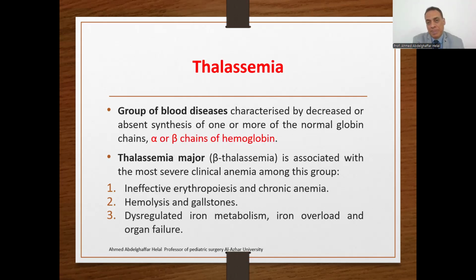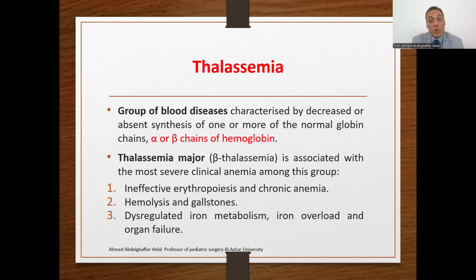Thalassemia. So we spoke about hereditary spherocytosis, ITP, and sickle cell disease, and now we'll speak about thalassemia. What is thalassemia? It's a blood disease characterized by decreased or absent synthesis of one or more of the normal globin chains, alpha or beta chain of the hemoglobin, and called, according to the defect, alpha thalassemia or beta thalassemia.